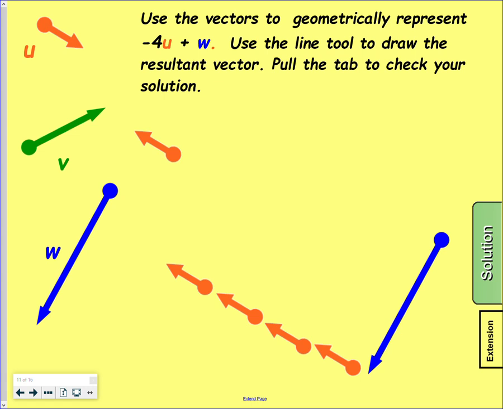So draw me a resultant. Do it in black. Okay, that's their resultant. Scramble it up and see if you get the same thing going the other way.